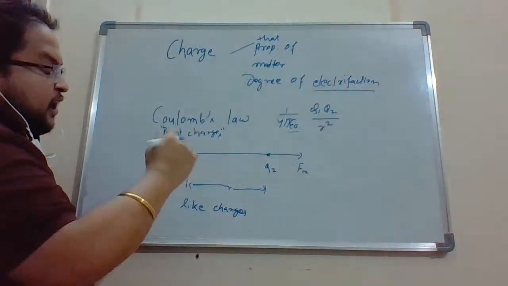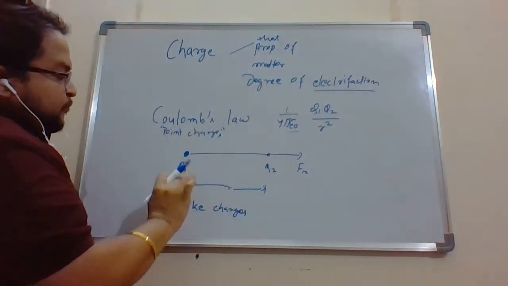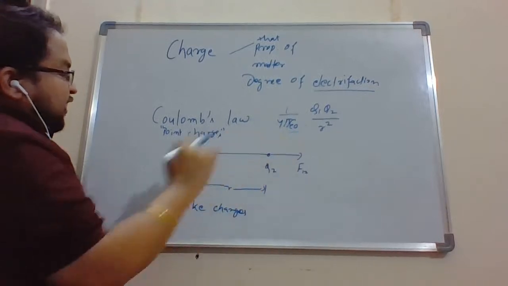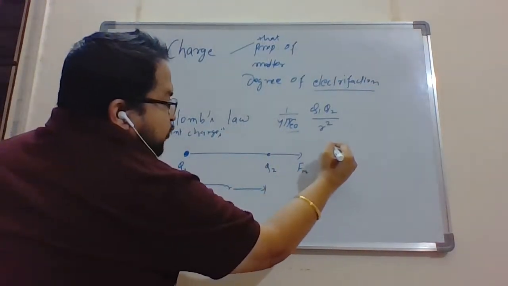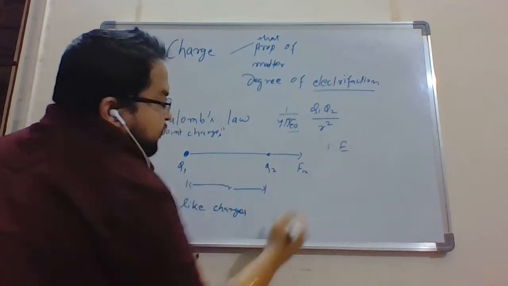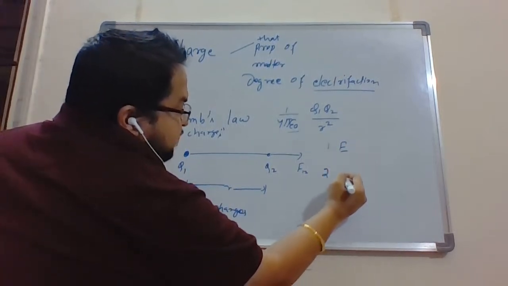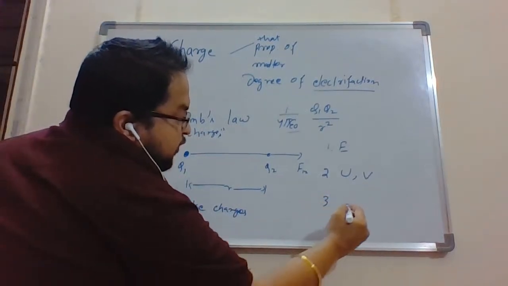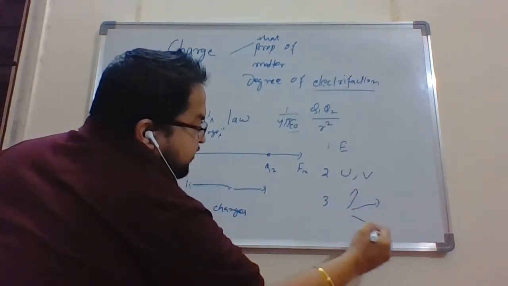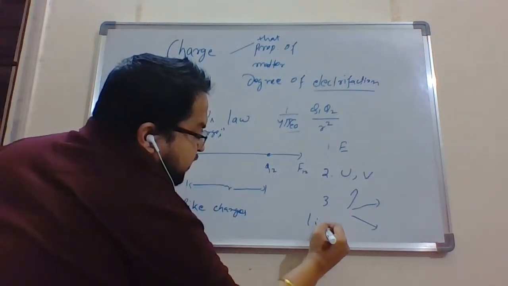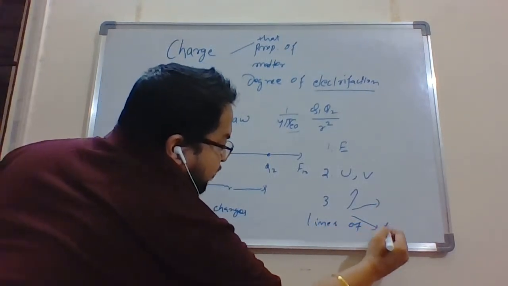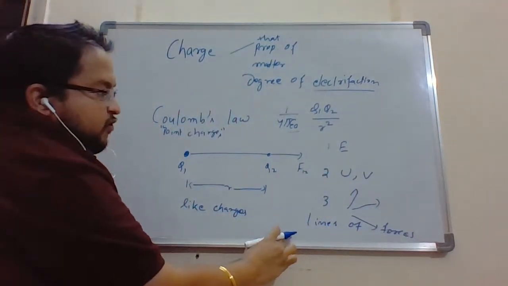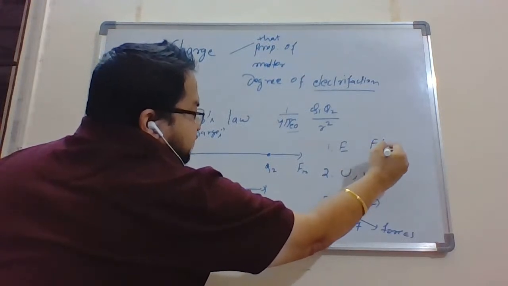And after that, once we understood the force between two charges, we defined three quantities. One was called electric field, second was potential energy and potential, and third was lines of forces, right? And using these three concepts, we have defined force per unit charge.